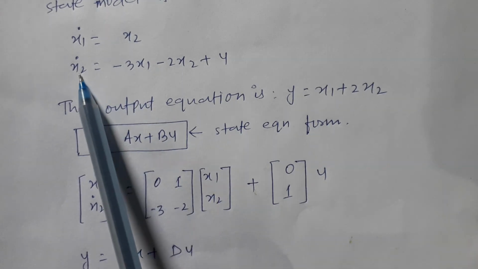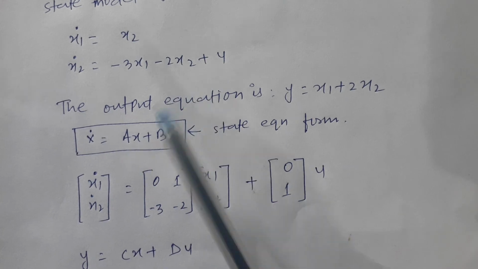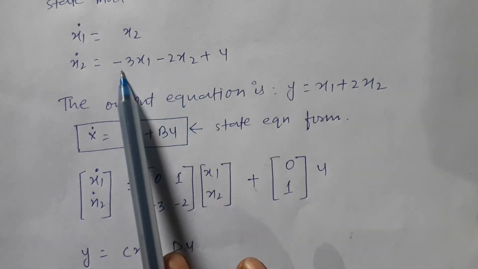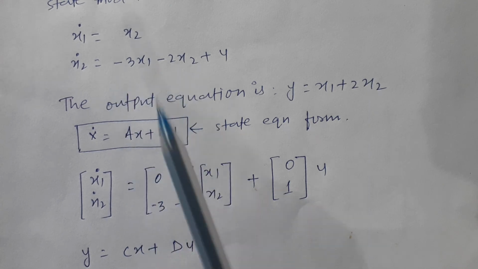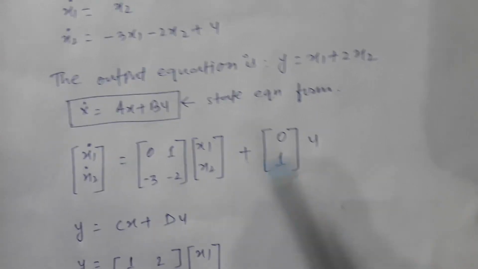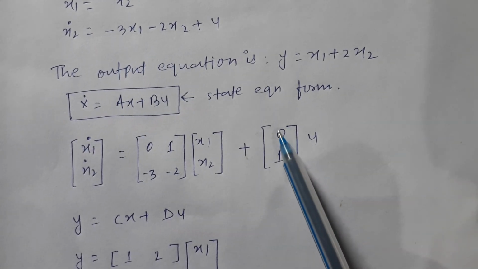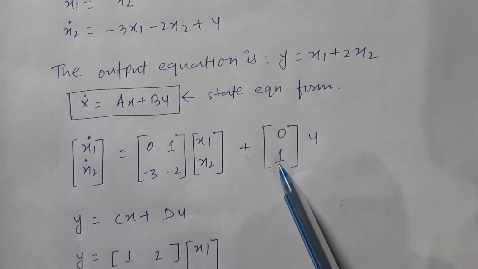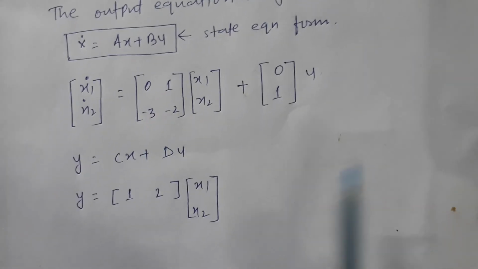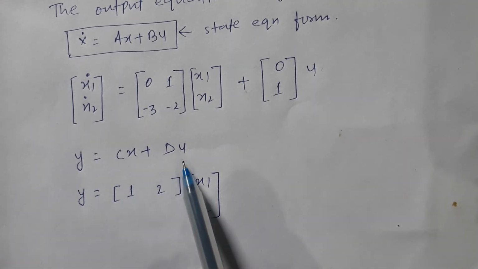And similarly x2 dot equal to minus 3x1 minus 2x2 means the coefficients of x1 and x2 are minus 3 and minus 2, that's why we have written minus 3 and minus 2. And u is only in this equation, that's why here we have written 0 and 1, and u. And the output equation is Cx plus Du.